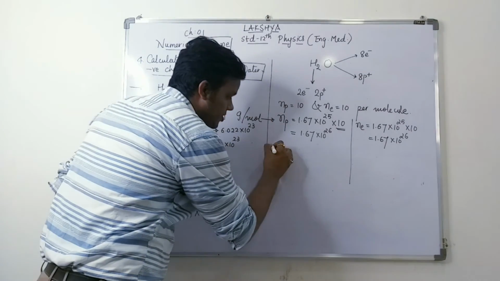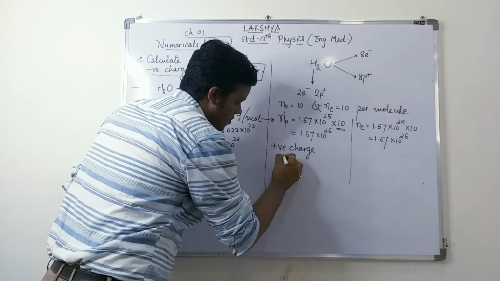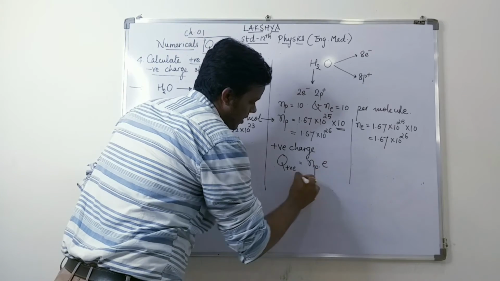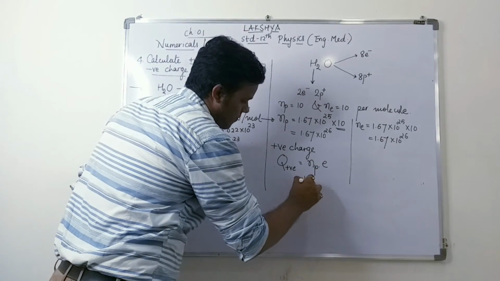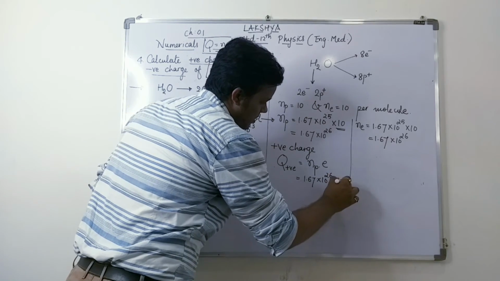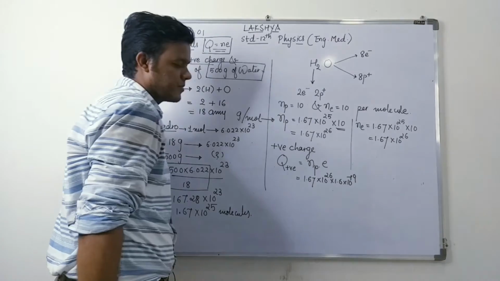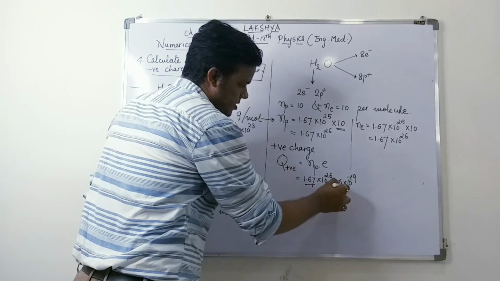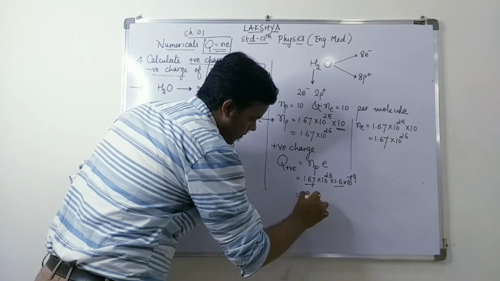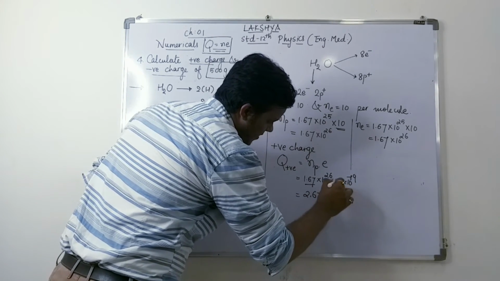So the positive charge, Q positive, is NP into e, which is 1.67 into 10 raised to 26 into 1.6 into 10 raised to minus 19. Do the calculation: 1.67 into 1.6 is 2.67, into 10 raised to 26 minus 19, which will be 7 coulomb.